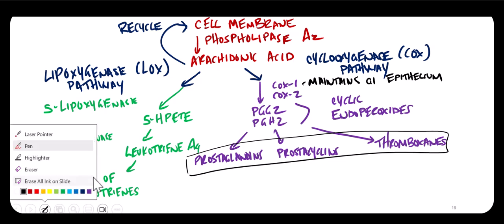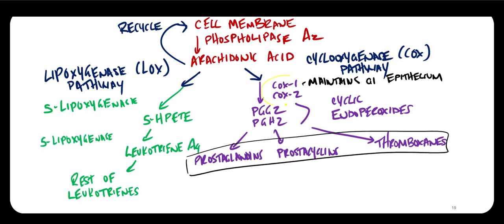So what I'm going to do there is I'll inhibit these guys, and I'll prevent the formation of the prostaglandins, prostacyclins, and the thromboxanes. Some of the newer drugs that were on the market for a while would only inhibit COX-2, and he's going to spend some time talking about that. So you have the COX-1 maintaining the GI epithelium and everything, but these are drugs like Celebrex, Vioxx, things like that, that have been taken off the market since then because of a lot of cardiovascular issues he'll talk about.